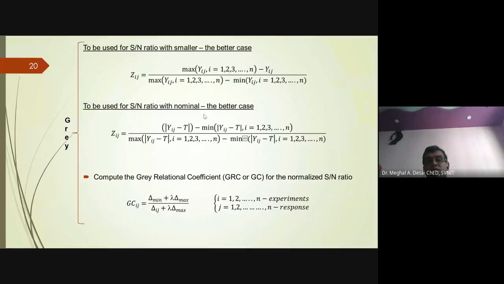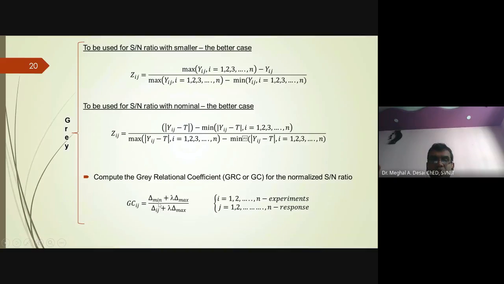Okay, once we are able to find or compute the normalized value, the next step is to calculate or find gray relational coefficient, GRC. Now in GRC, what is the use of Z? That we'll see now. Okay, so what is GRC or GC?